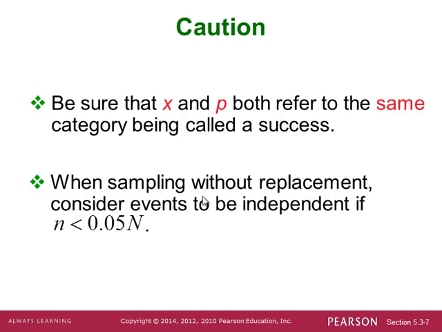If you are sampling marbles from a huge bag of marbles and I have two colors, and you're going to let x count the number of white marbles, for example, that you've drawn in a sample which is much smaller, less than 5% of the total number of marbles in the bag, then you could use a binomial probability to approximately compute your probabilities, provided that your sample size is less than 5% of the population, because those events will be approximately independent of each other.